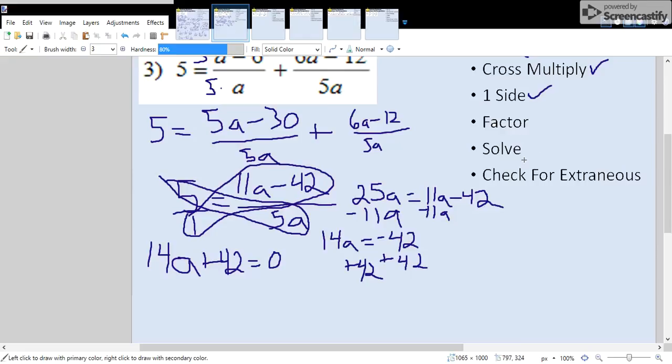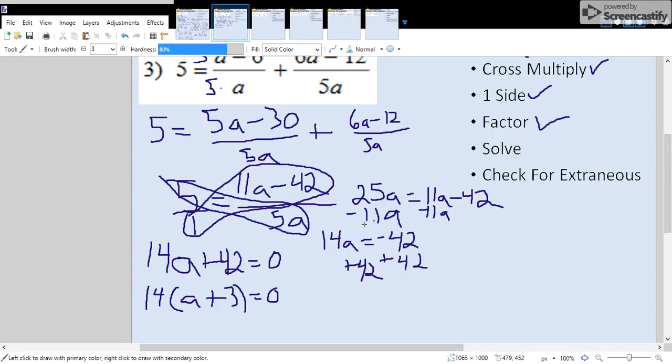Okay, step 5, you're going to factor out everything you can. It looks like 14 goes into both of these numbers. So if we factor out 14, what we have left over inside is 1a plus 3 equals 0. So now we're done with that.